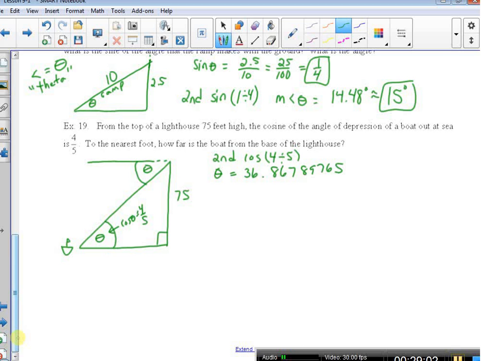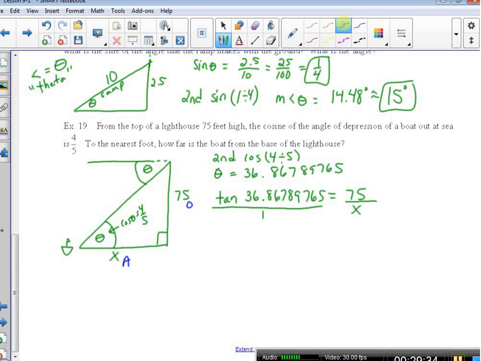Because now I know that angle, and they also said how far is the boat from the base of the lighthouse. So here's my x. So I know that I have an opposite and an adjacent, so I can use tan. So the tan of 36.86789765 should equal 75 over x.